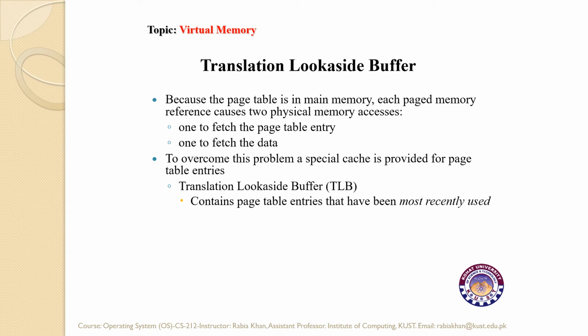One buffer is maintained for all the most recently used page table entries of all the processes in memory. So with this buffer, the page table in main memory will not be accessed, and translation look-aside buffer will be first examined to locate the frame number, hence reducing the memory access to a single attempt.